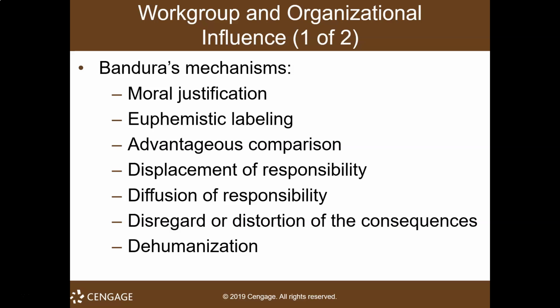Advantageous comparison: this is an argument that the action may be wrong, but it isn't as bad as some others. Displacement of responsibility: this argument basically removes the individual as the free-thinking agent of his or her own actions and denies culpability. Diffusion of responsibility.